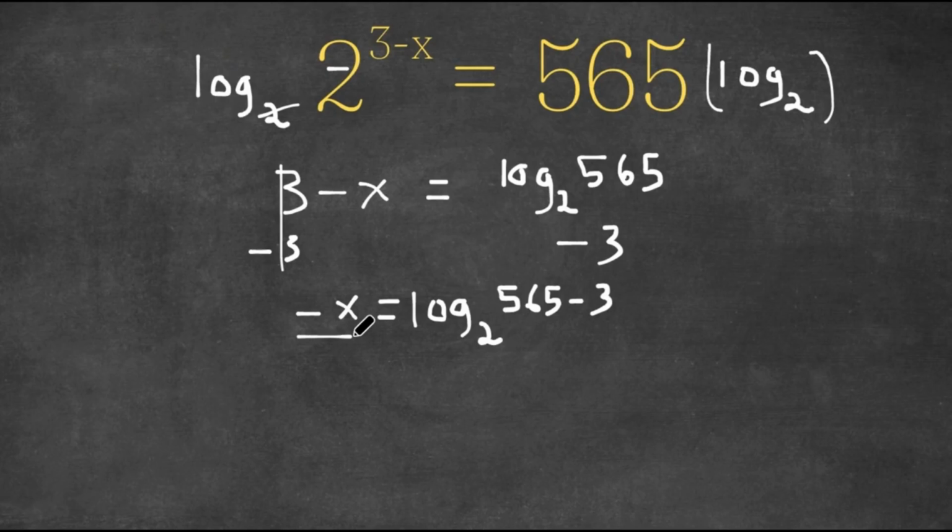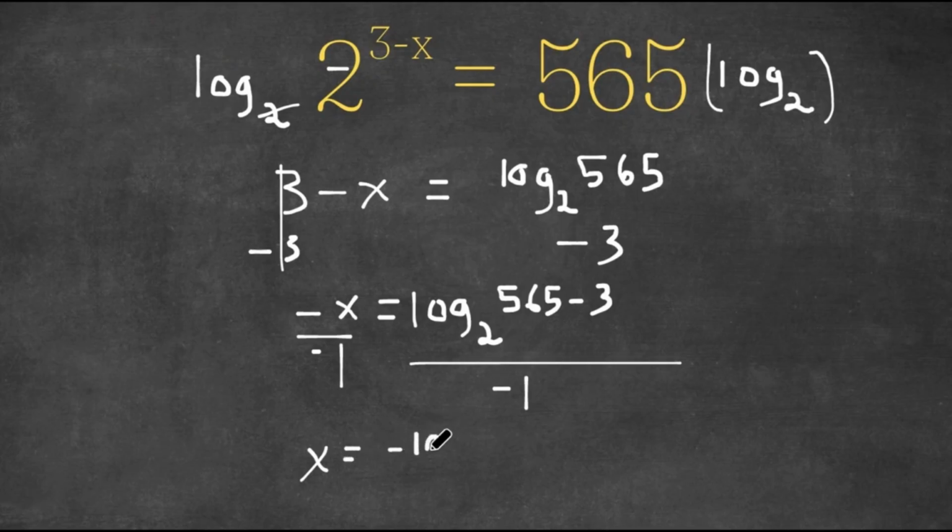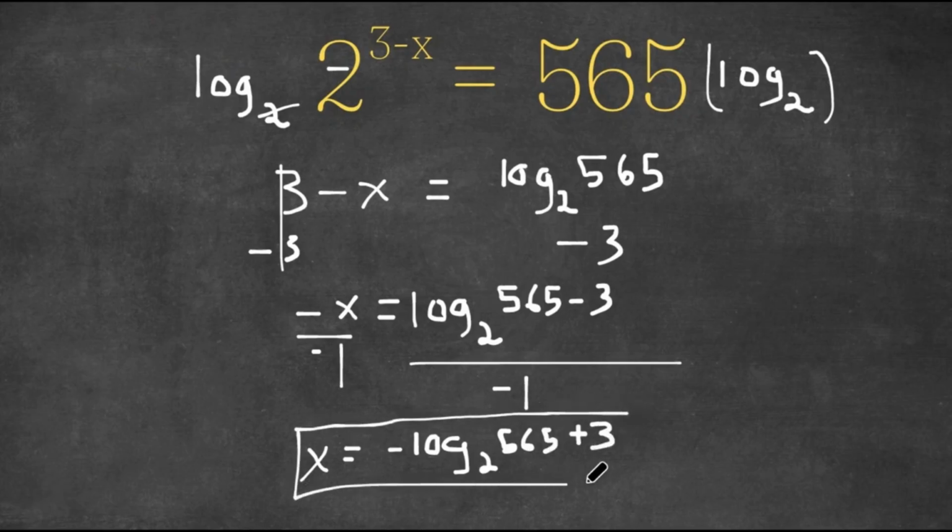And now if I divide by negative 1 on both sides, so I get positive x, I would get x is equal to negative log base 2 of 565 plus 3. So this is our answer.